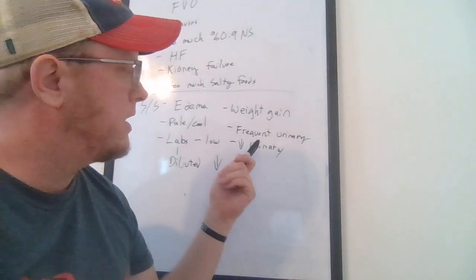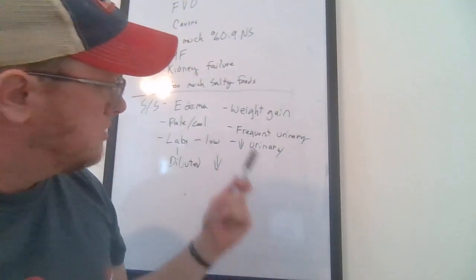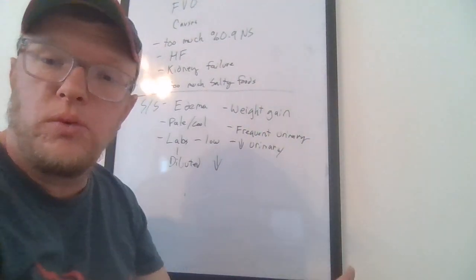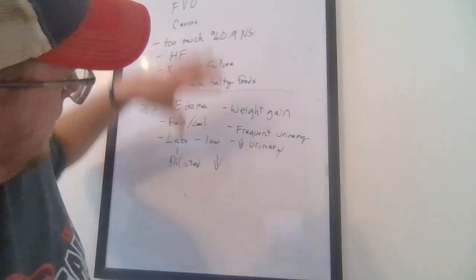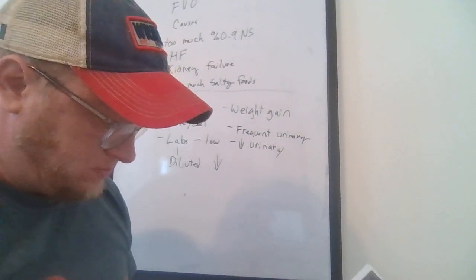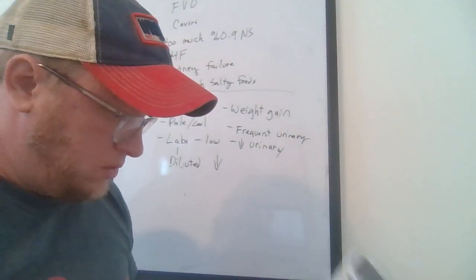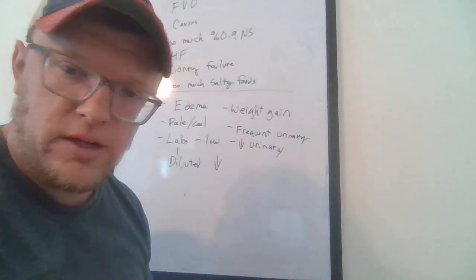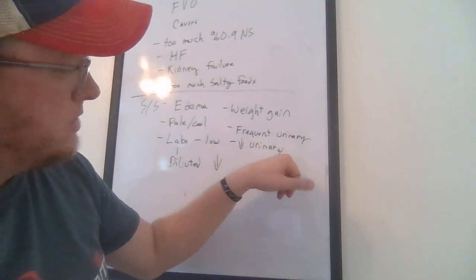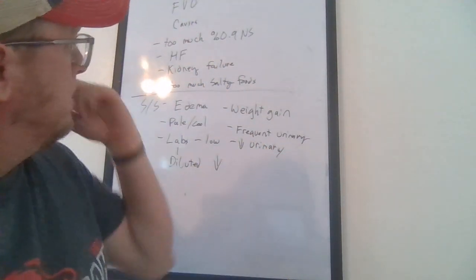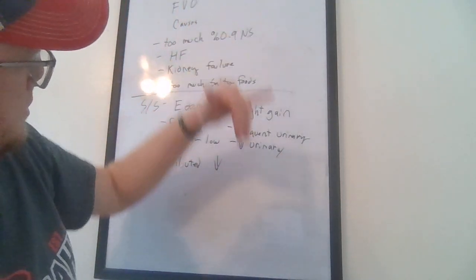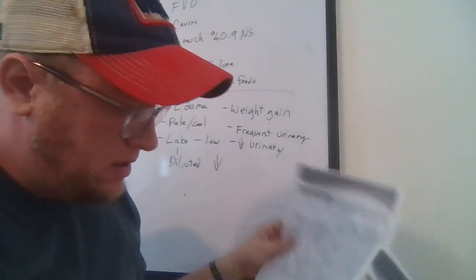If you're given a scenario, it's going to tell you more than just this. It's going to give you other cues to let you know which way to go with it. The NCLEX or whatever test you're taking is going to give you more cues than just one isolated thing. But in a nutshell, that's what causes it and that's what it looks like.